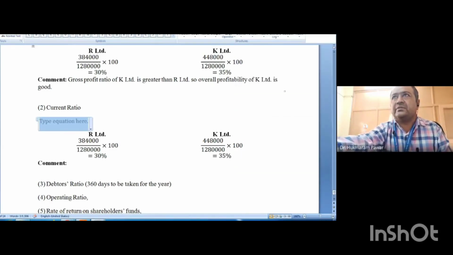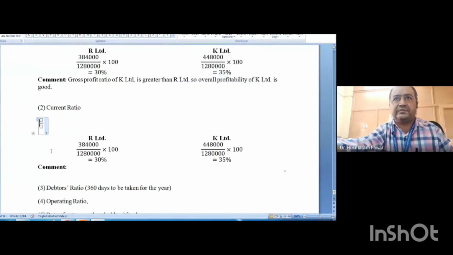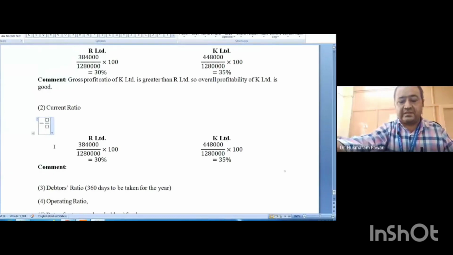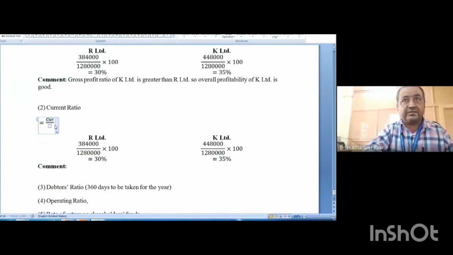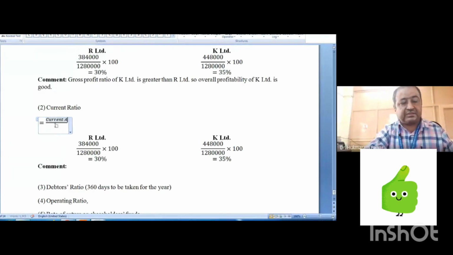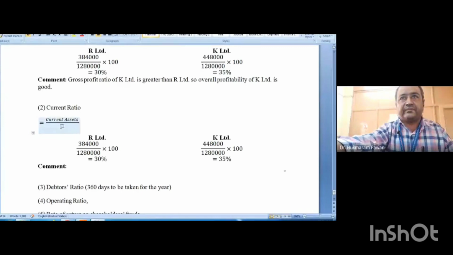Okay. So our formula is equal to current assets upon current liability.